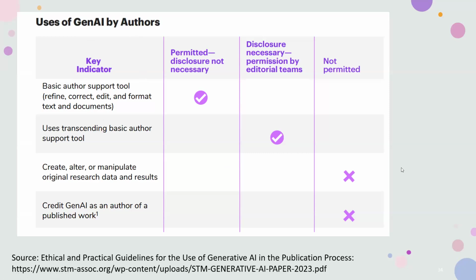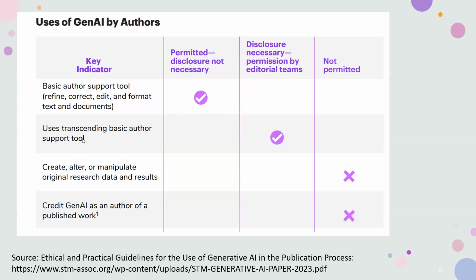When it comes to using generative AI tools, something like ChatGPT or Grammarly or Bard or a similar one, as a basic author support tool to refine, correct, edit, or format your text and documents, it's permitted, and disclosure is generally not necessary. But you can consider including that in the acknowledgement section.